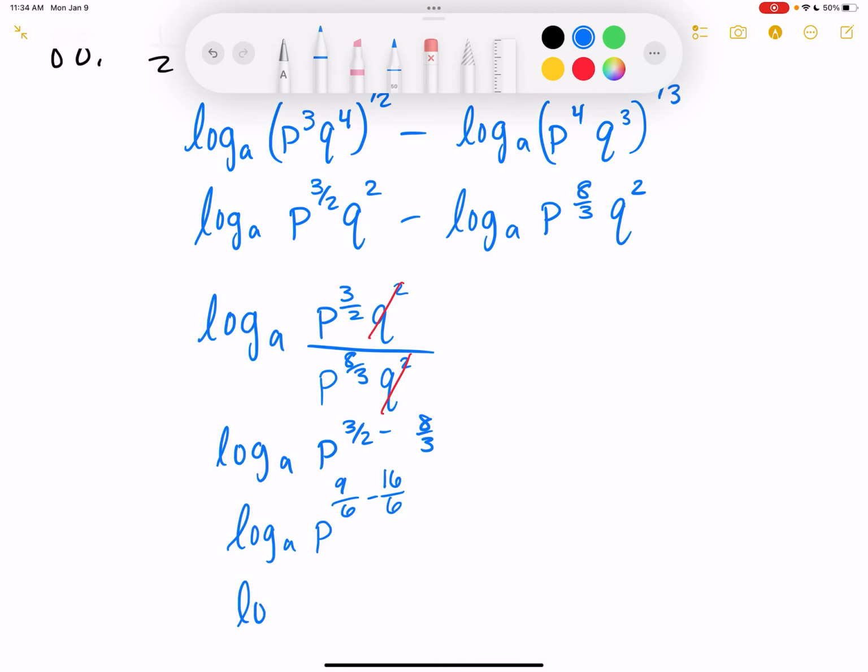So log base a of p to the -7/6, and then you can move it back to the bottom. So log base a of 1 over p to the 7/6. Now, if I had really paid attention, I would have moved the 3/2 down, because that's smaller than 8/3, but I wasn't thinking about it. You just want it as simple as possible.